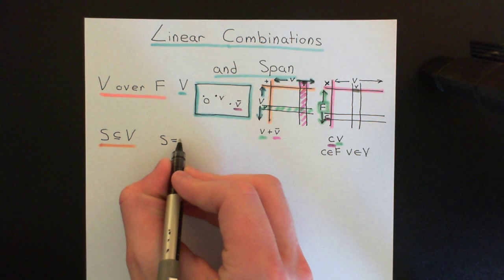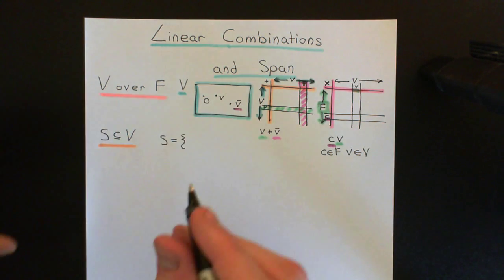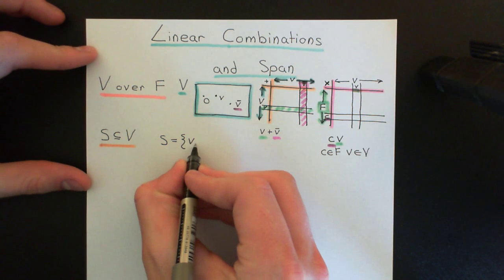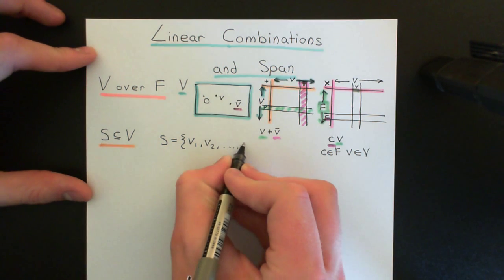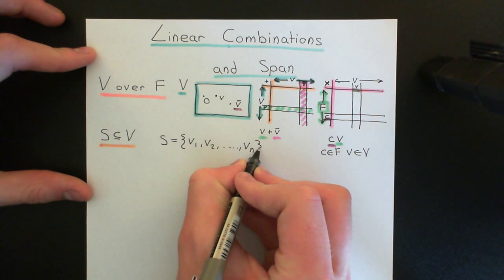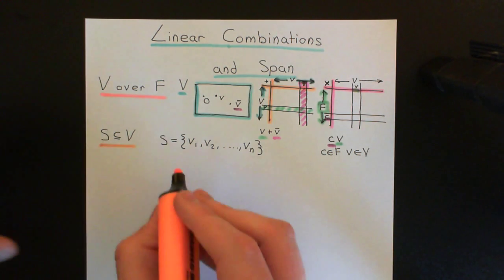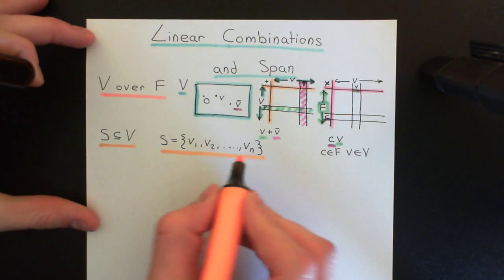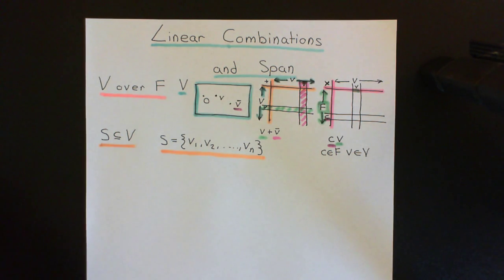I'm just going to pick vectors from this vector space, so I'm just going to give them arbitrary names. So we'll have v1, which is our first vector in the set, v2, and we'll go all the way up to vn, where n is some positive integer, some natural number basically. Okay, so here is a set of vectors. So it's certainly a subset of capital V. It's got a subcollection of the elements of capital V.